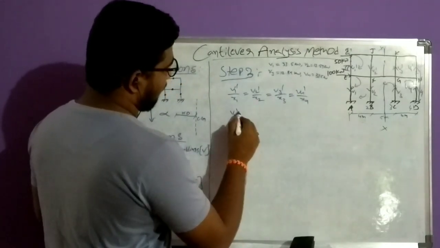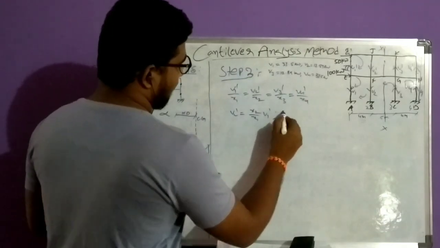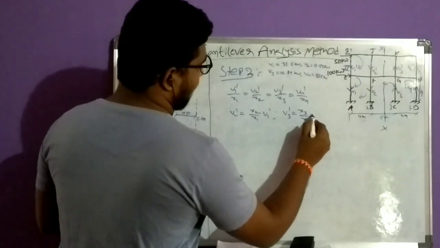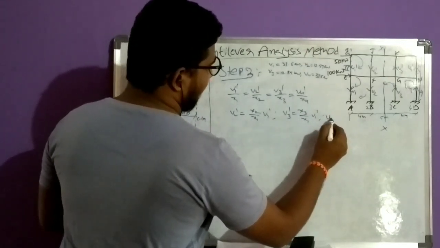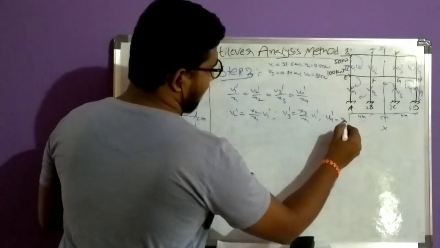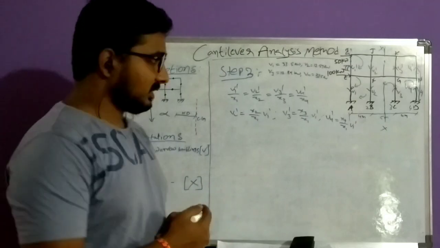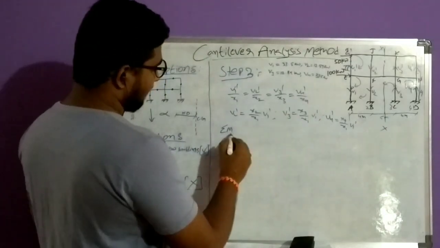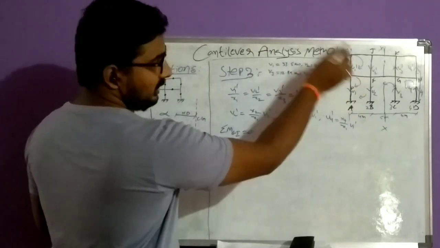From here V2 dash equal to x2 by x1 into V1 dash, V3 dash equal to x3 by x1 into V1 dash, V4 dash equal to x4 by x1 into V1 dash. So everything is converted into V1 dash terminology. Here we will consider moments at EI equal to 0. EI means this column in the top story.